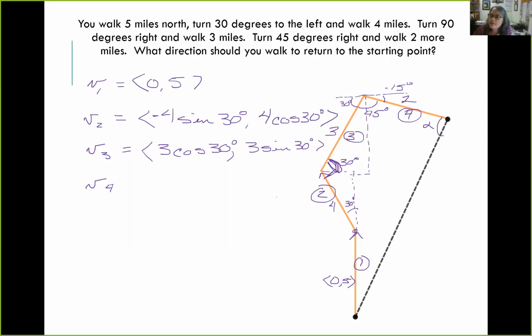Actually, we're just going to call it 15. So its horizontal component is going to be magnitude, which is 2 times the cosine of 15 degrees. And the vertical component is down, so it's negative 2 times the sine of 15 degrees.